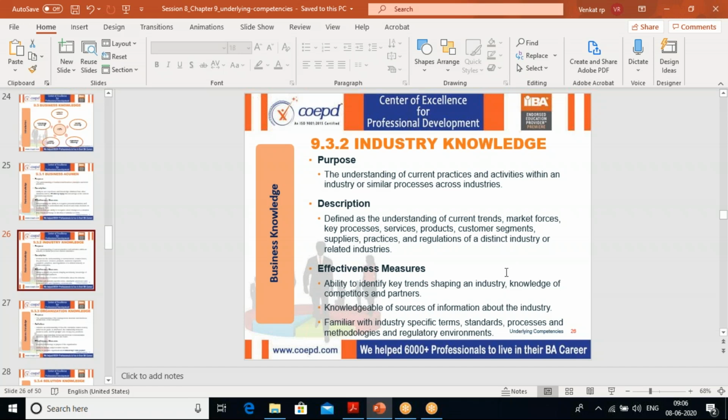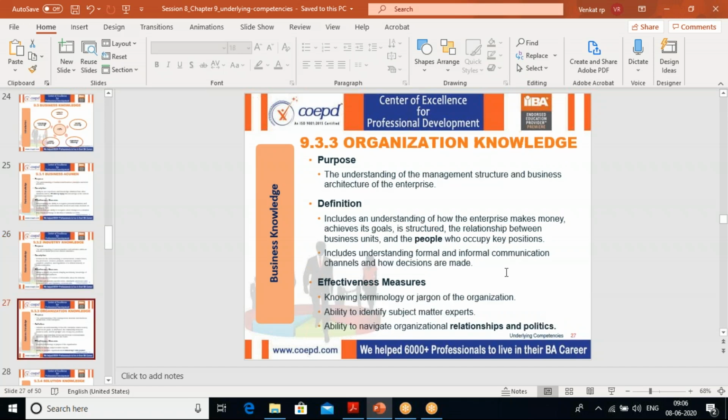Okay, and then after this we have the organization knowledge. Now the industry knowledge is an overview of that particular industry. Concerning your organization, how it is going to take things forward, what is the architecture of this particular enterprise, how you are going to do your business analysis work, your project work, and what the deliverables are.